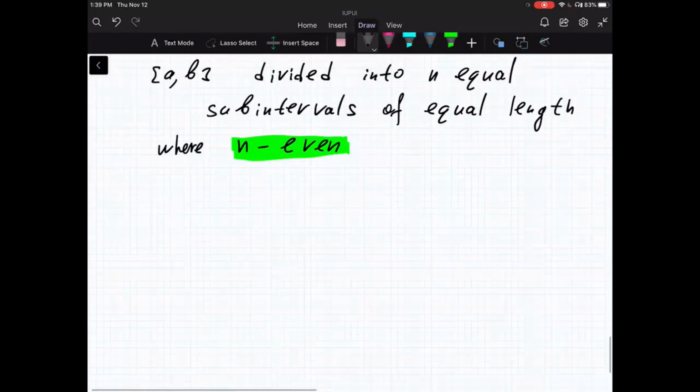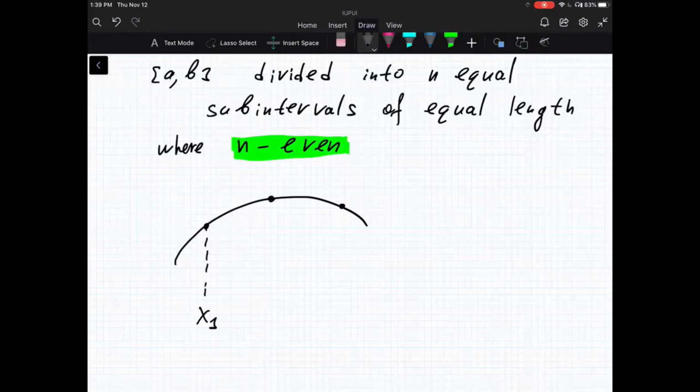And to determine the parabola, the general equation looks like this: ax squared plus bx plus c. So you have 3 parameters, thus you need 3 points.